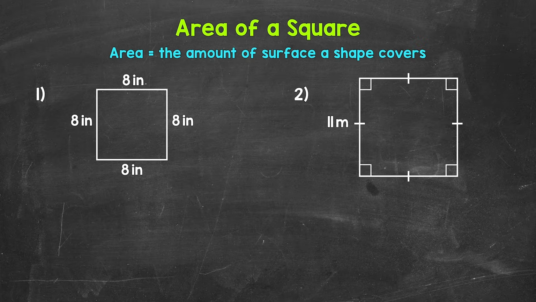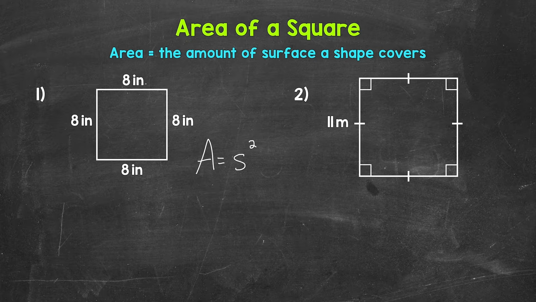Now we're going to take a look at how to find the area of a square. Let's jump into our examples, starting with number 1, where we need to find the area of that square. Now for squares, we can find the area by squaring a side length. So we can use the formula area equals a side length squared.